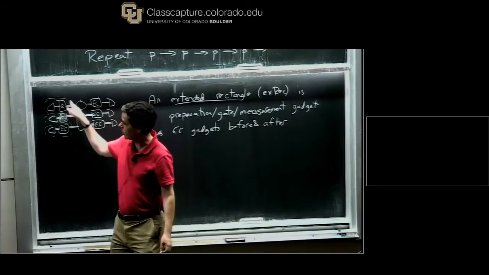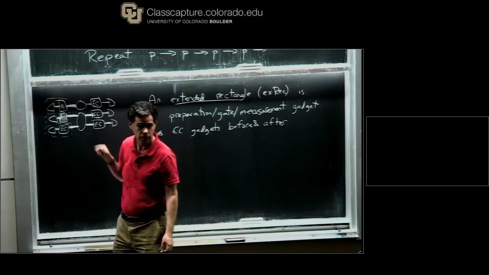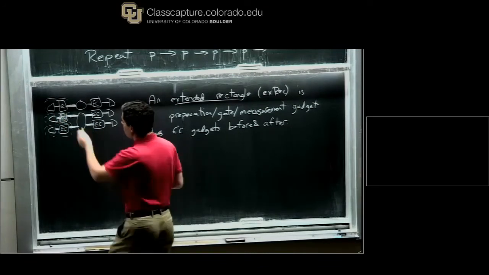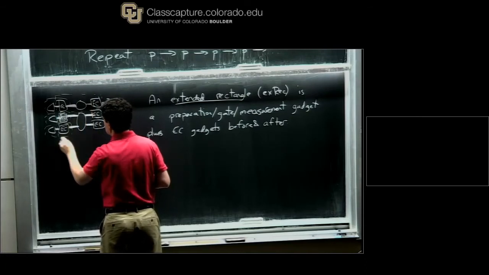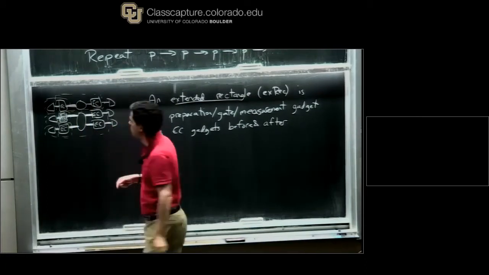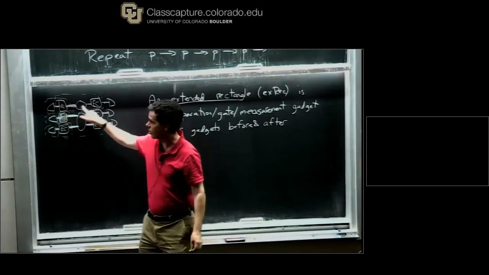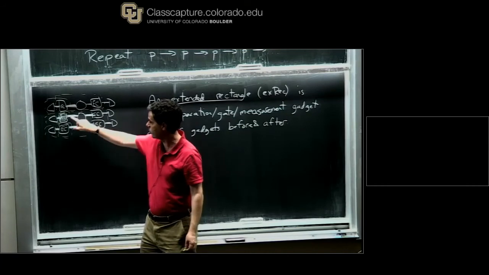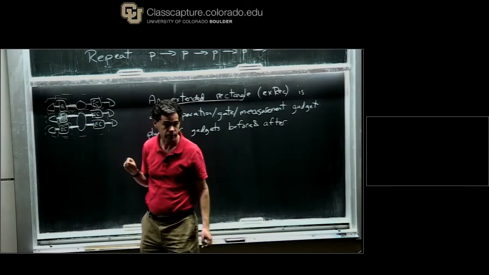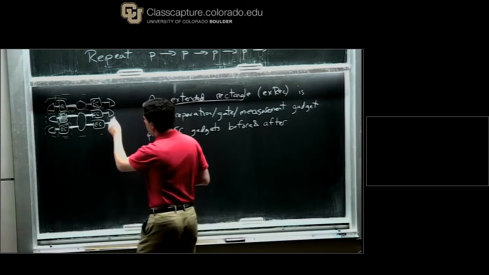So these are kind of the state preparation XRECs. And then the gate XREC, you see, looks like this. So this error correction, gate, error correction, and these error corrections, gate, error correction, these are gate XRECs. And then we have measurement XRECs at the end here.